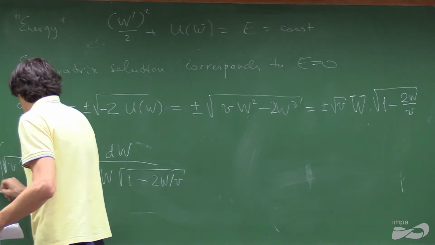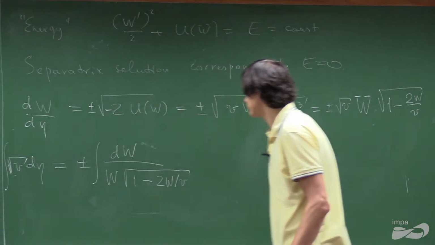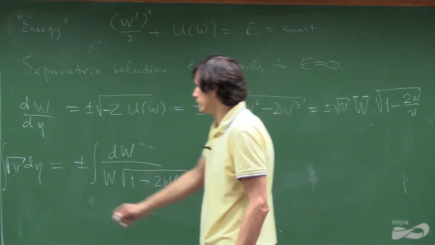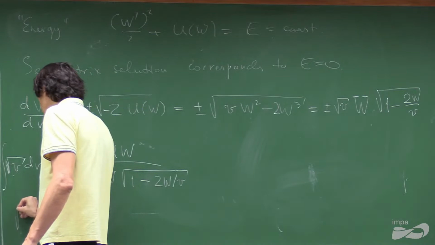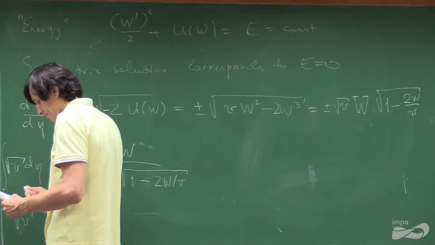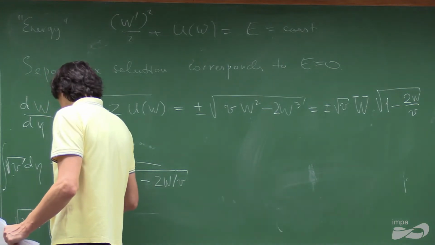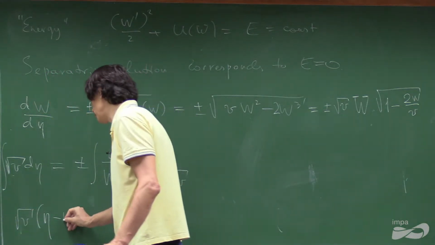So we can integrate both sides. And this is the integral in eta. So it will be the square root of v times eta. There is an integration constant, so I put it here.